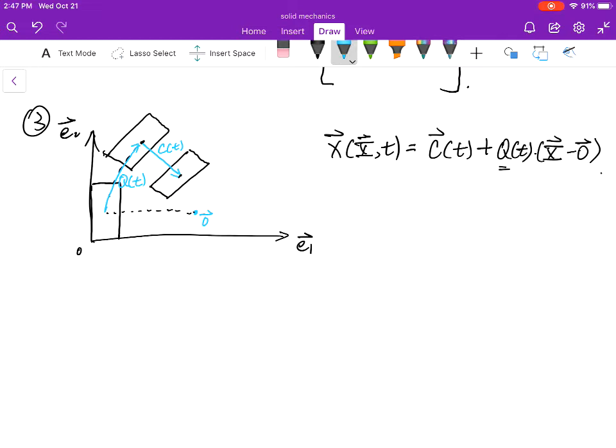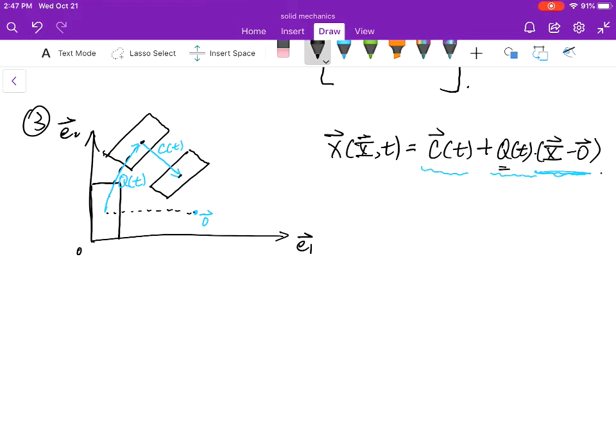Here you have to understand that this is the origin of the rotation. So (X - O) denotes the coordinate with respect to the rotation reference, the O vector, and this is a rotation tensor, and this is just a simple translation.